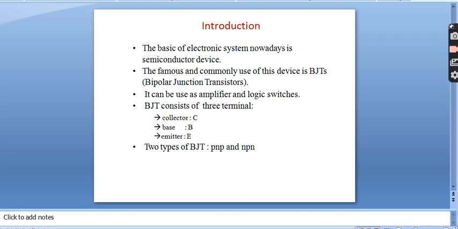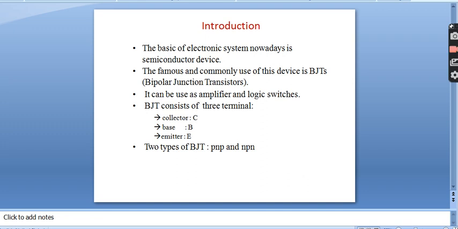BJT is used as an amplifier and as a logic switch. A BJT consists of three terminals: collector, base and emitter. The collector is denoted with C, the base with B, and the emitter with E. These are the three terminals in a BJT.